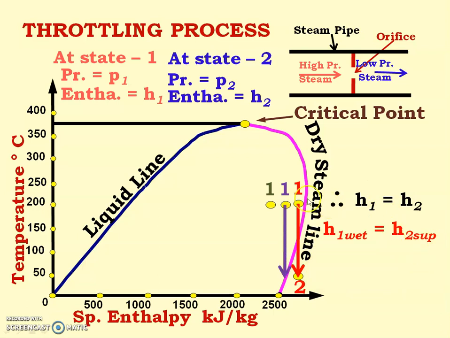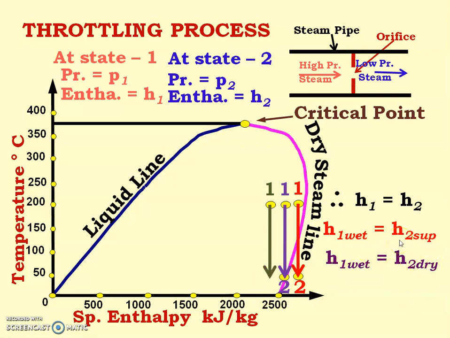Now let us see. If the steam is at this point and it passes through the throttling process, it will reach point number 2. For that, H1 is wet and H2 is dry because point 2 is on the line. So it is H2 dry. In this case, wet steam is converted into dry steam.